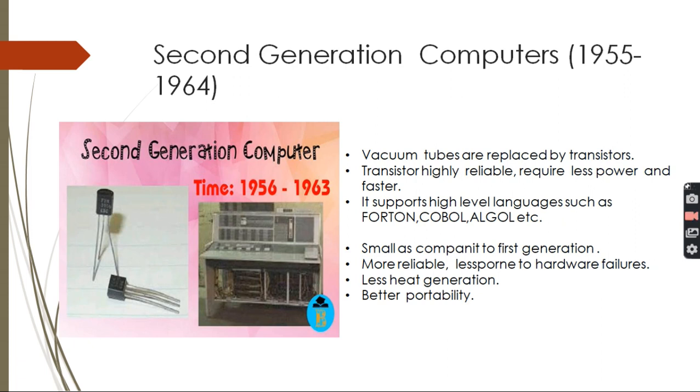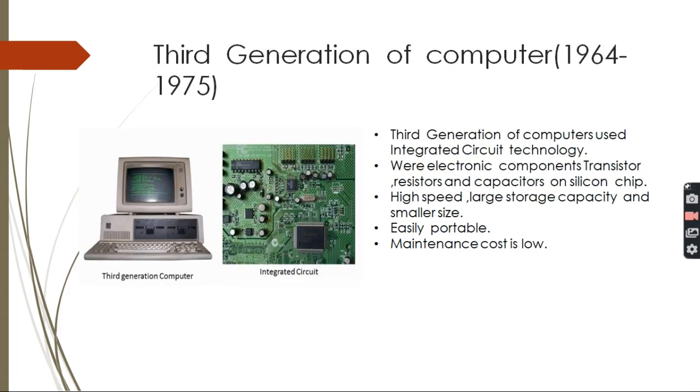So next we will study the third generation of computer. The period of the third generation is 1964 to 1975.